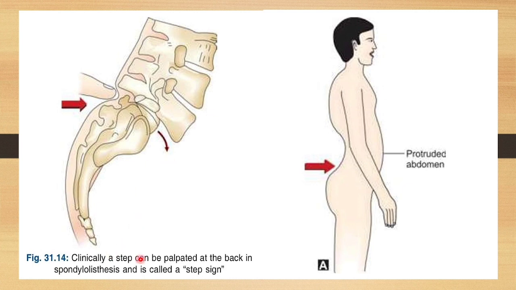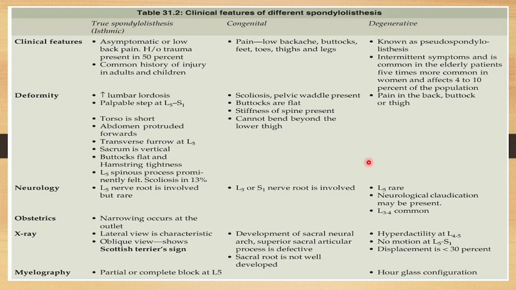So this is a step-like deformity or step sign which can be found during palpation of the vertebra. There we can see a step-like deformity over the patient's back, and the abdomen will be protruded.